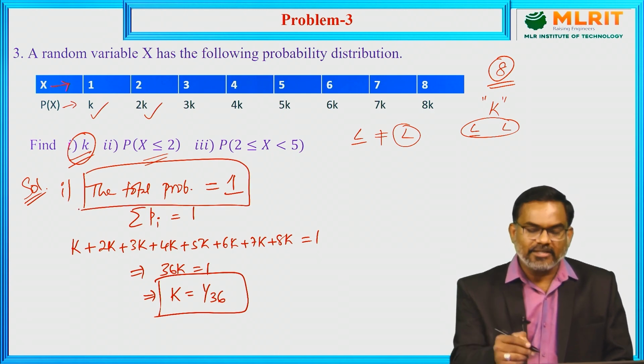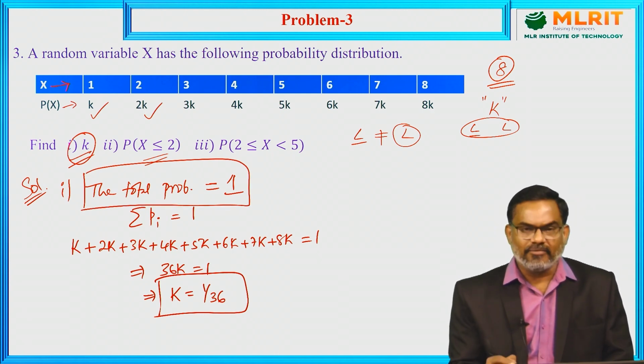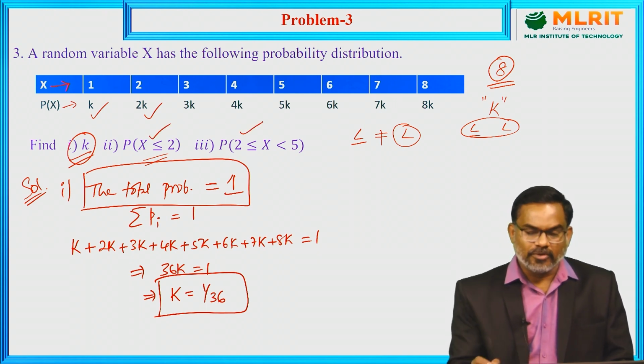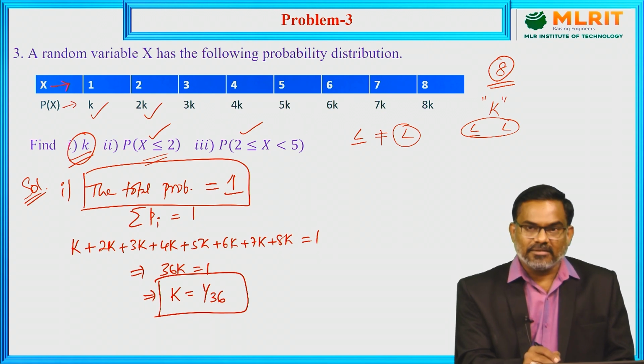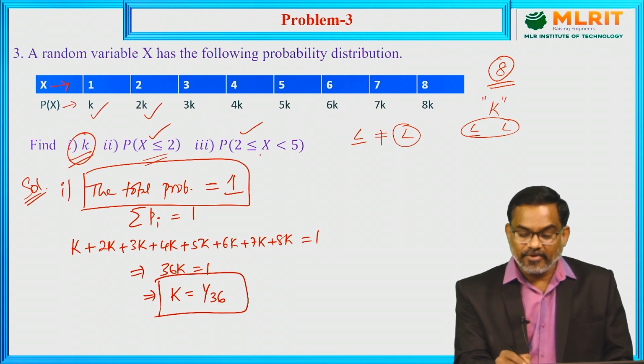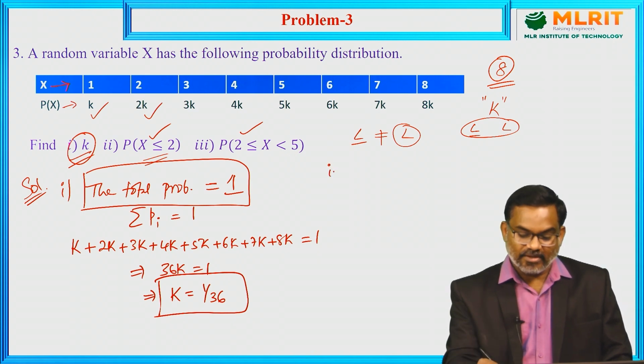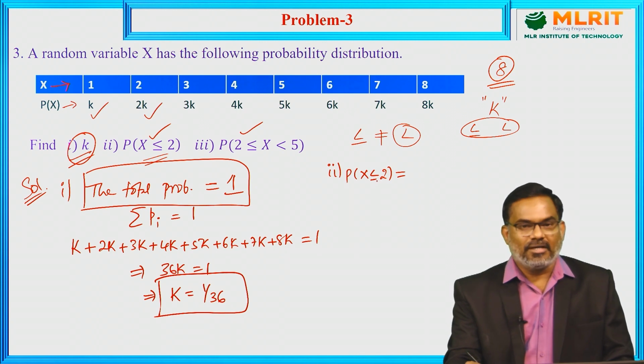Now, we can rewrite the distribution, replacing this K by 1 by 36, and then evaluate the remaining two: the probability that X is less than or equal to 2 and X lies between 2 and 5, 2 including. Now, coming to the second problem, probability of X less than or equal to 2. Since we are dealing with discrete probability, here less than or equal to means including the value 2.